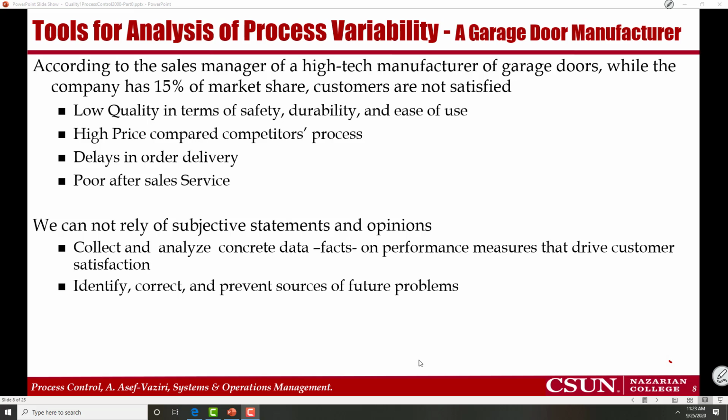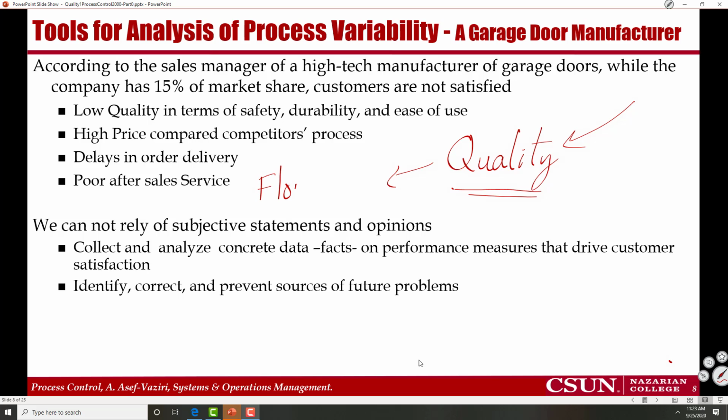Now I'm going to talk about some charts, some tools for analysis of process variability. While I talk about these concepts with respect to quality, we can implement them for flow time, to evaluate inventory, and for throughput.